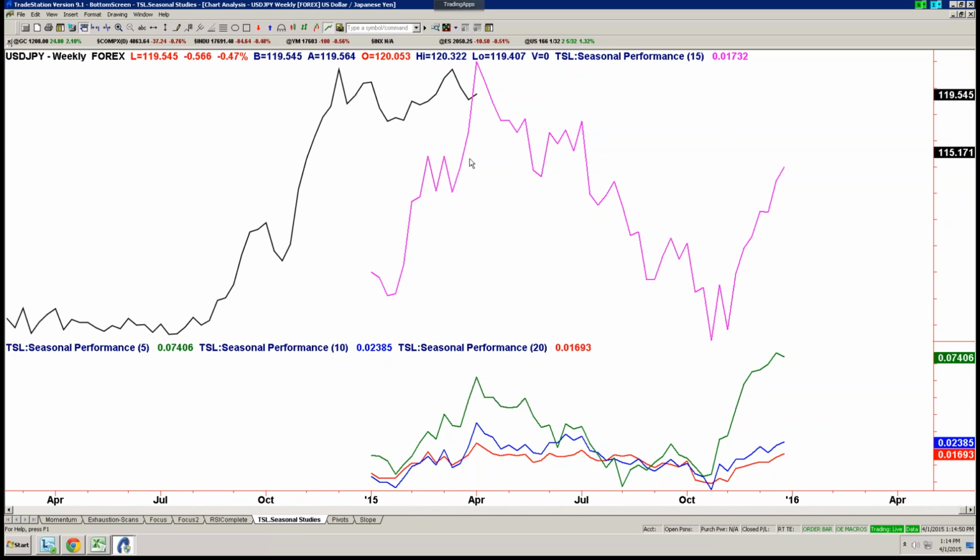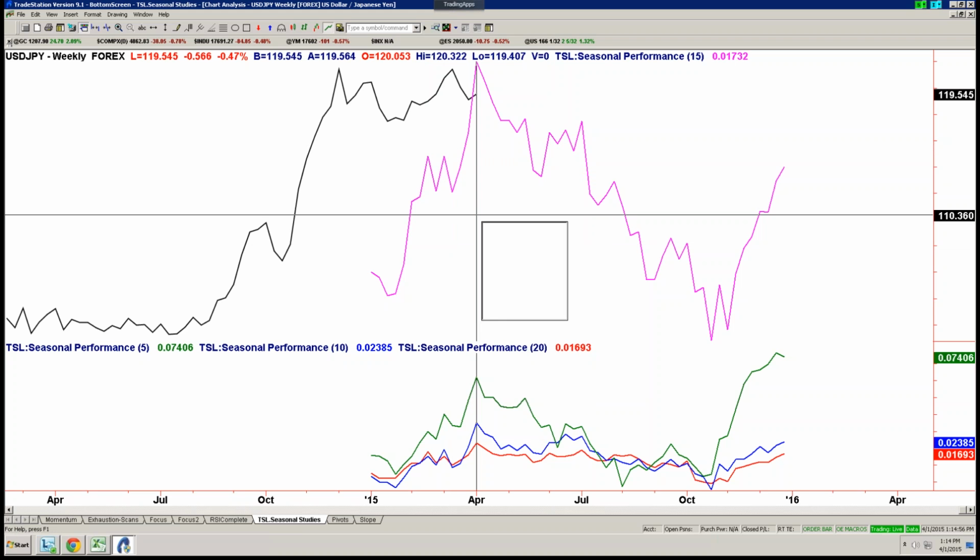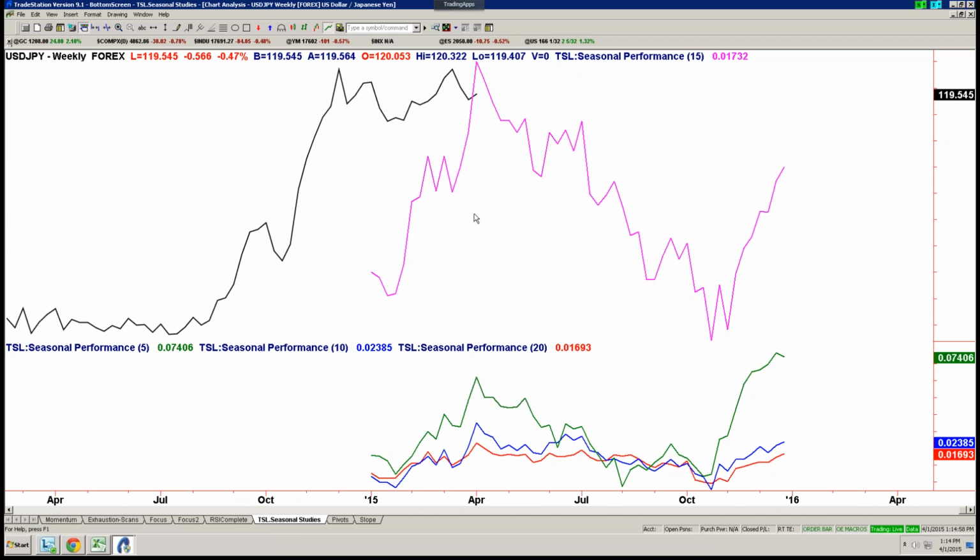So the seasonal bias basically after this week is negative, although it's not like a straight line down or anything, like some of these other pairs, like pound dollar, a straight line up, for example, over the next couple weeks. But dollar yen, yes, the tendency is for yen strength, dollar yen weakness after this week.